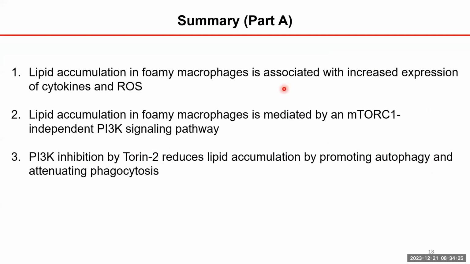The summary so far is that lipid accumulation in foamy macrophages is associated with increased expression of cytokines and reactive oxygen species, that the accumulation of lipids in these cells is mediated through PI3 signaling pathways but independent of mTORC1, and that PI3 kinase inhibition by taurine-2 reduces lipid accumulation by autophagy, as well as attenuating phagocytosis.